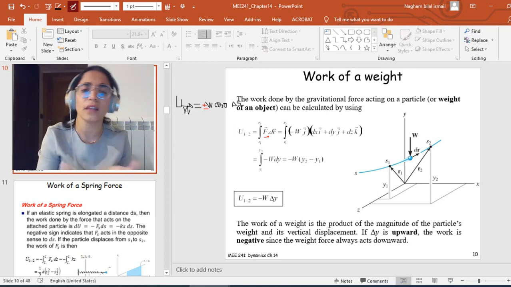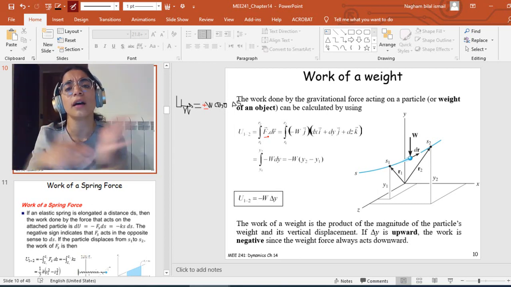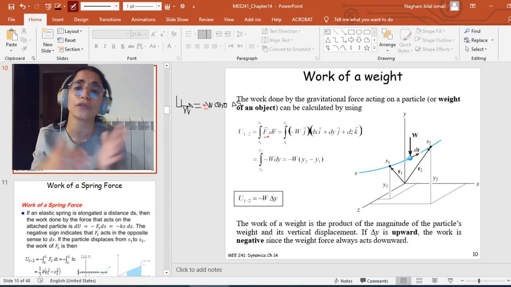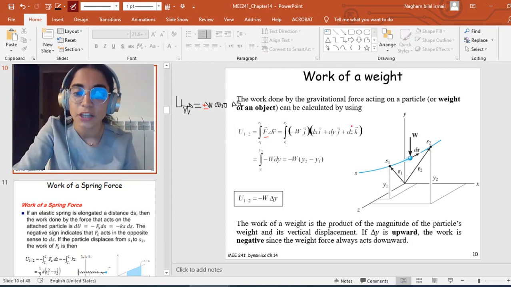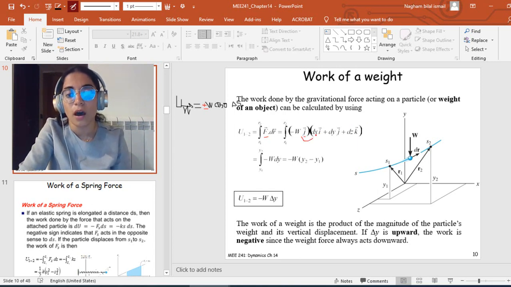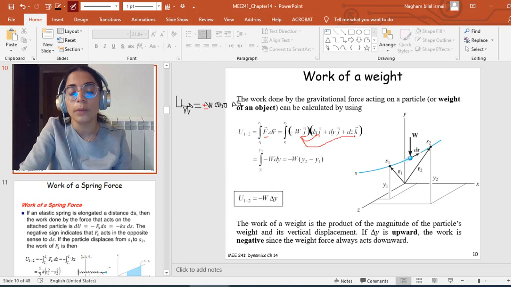I know that the dot product of two perpendicular vectors is always equal to 0, which means j dot i will be equal to 0 and j dot k will be equal to 0. So these terms, guys, will vanish. I will only have this term and this term.